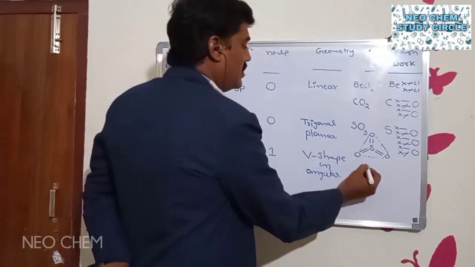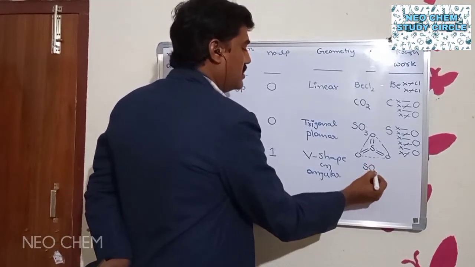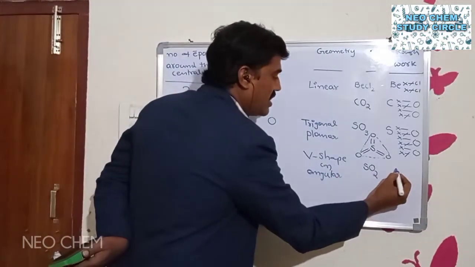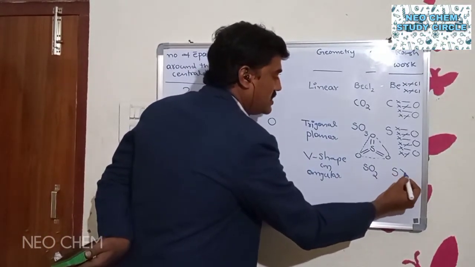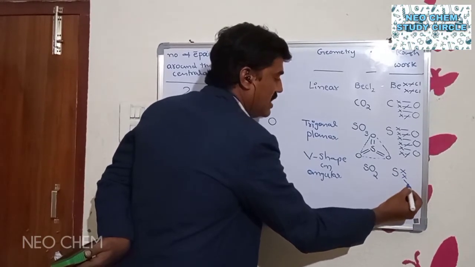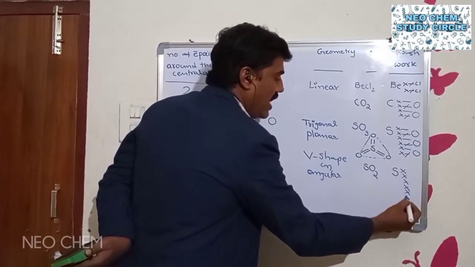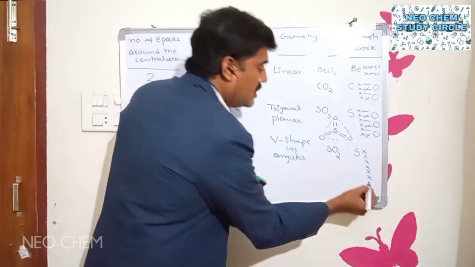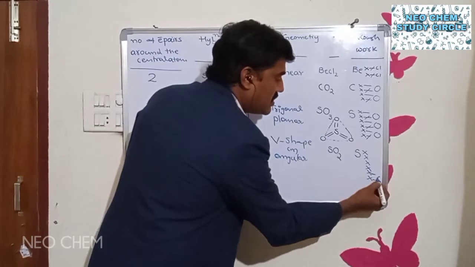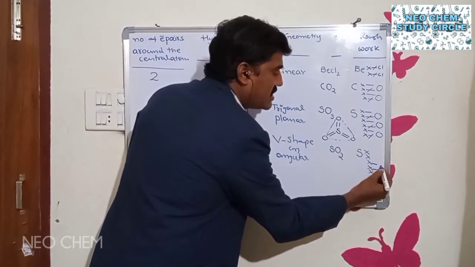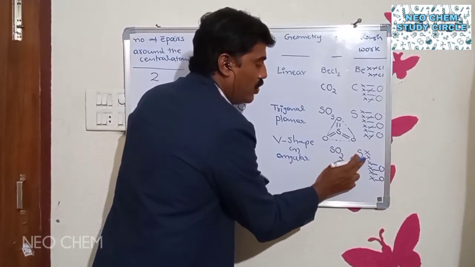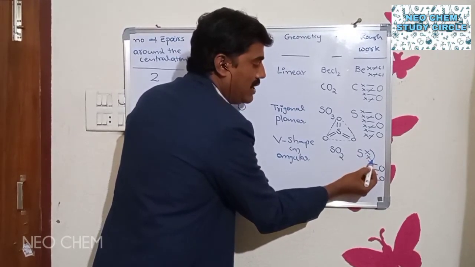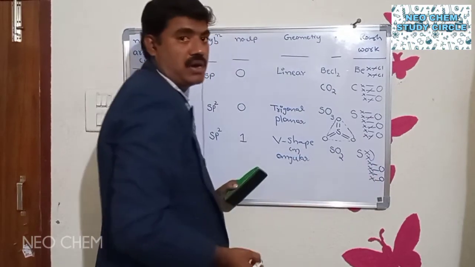For example, sulfur dioxide. Here also central atom is sulfur. So we should write 6 valency electrons like this. 3, 4, 5, 6. There are 2 oxygens with sulfur. So this is the first oxygen, second oxygen, and remaining 1 lone pair. We put a bracket beside the lone pair and consider it as a sigma bond.